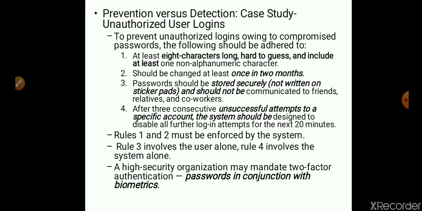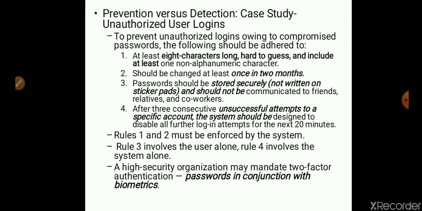When I look at all these four rules, the first, second and the fourth rule are to be enforced by the system itself. The system is going to make sure we change the password if it has been used for more than 2 months, and if the password does not have a non-alphanumeric character, then it has to raise the alarm.